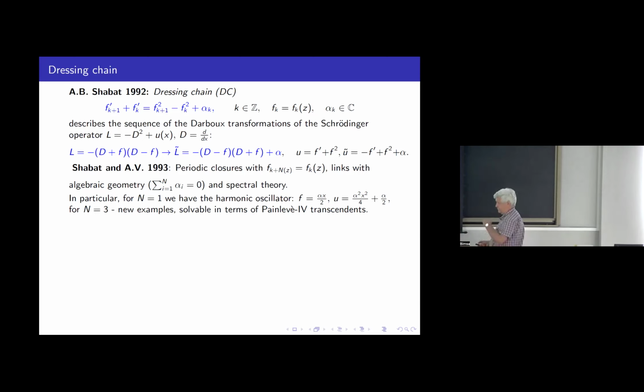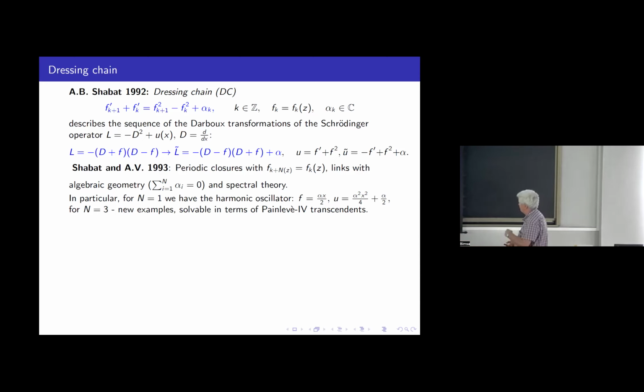But if the sum of alpha is not 0, then we have a generalization of the harmonic oscillator, because the spectrum will consist not of one but of several arithmetic progressions. For the harmonic oscillator, for n equal to 1, we have just an arithmetic progression, the standard spectrum of the harmonic oscillator, which was actually derived by Schrödinger exactly in this way.